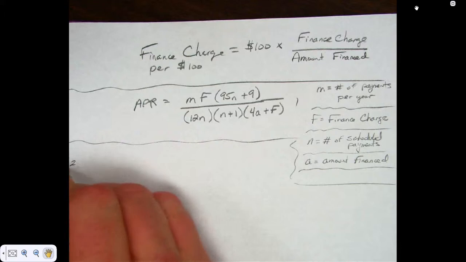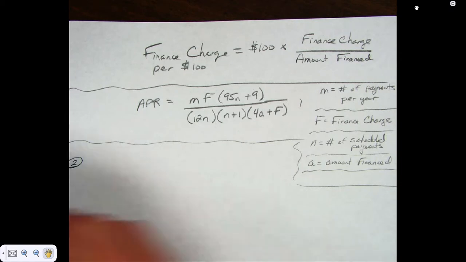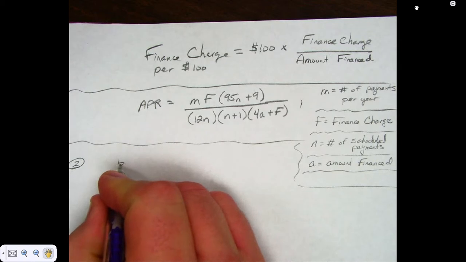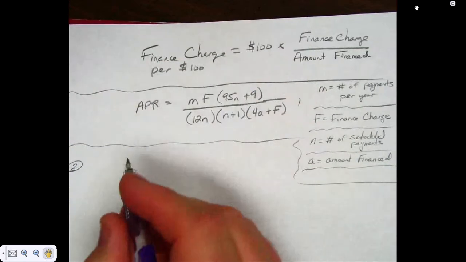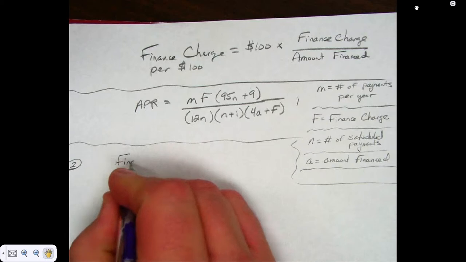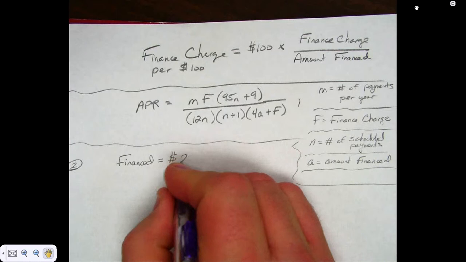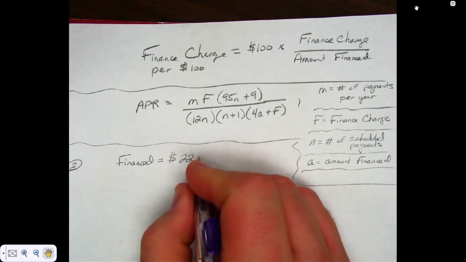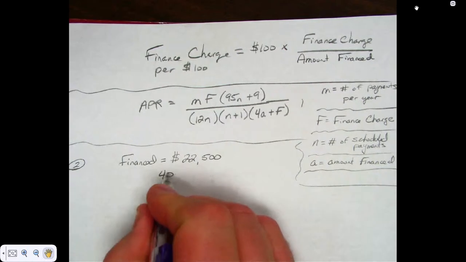Number 2 asks us to find the APR using the formula. It says she took out an installment loan to pay for her new car. She borrowed, or we could say she financed, same as borrowed, $22,500 over 40 months.